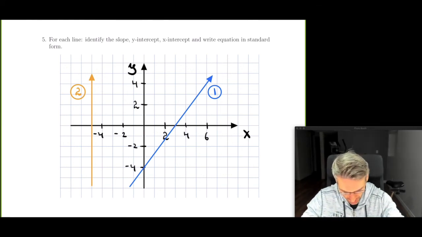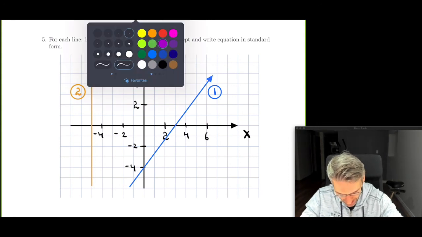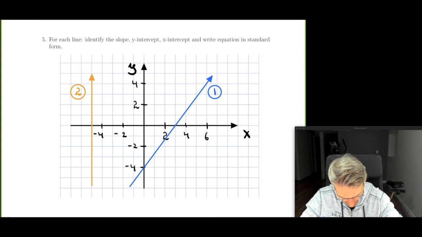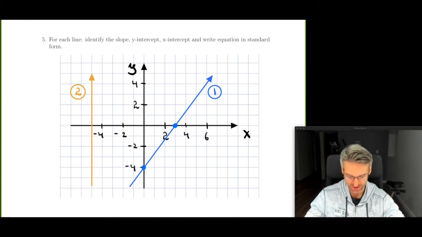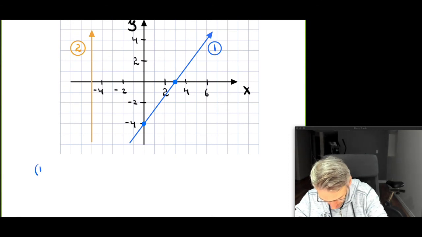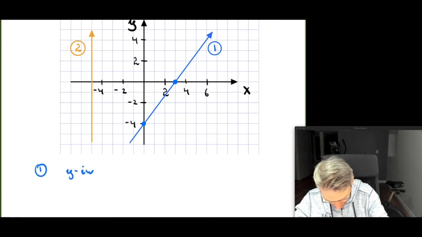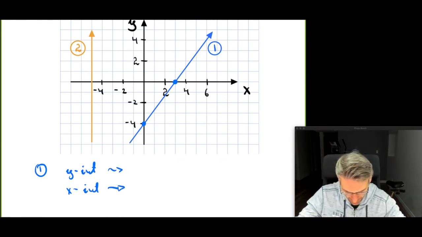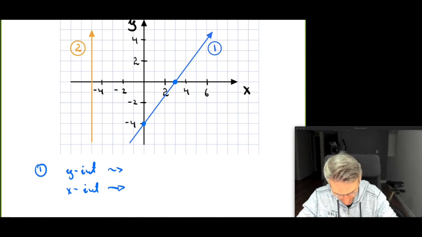So identifying the slope. If I take the first line, the blue one, I have my intercepts there that you see, so I can actually pick off the intercepts right away. So for line number 1, the y-intercept is negative 4, or as a point it would be 0, negative 4.